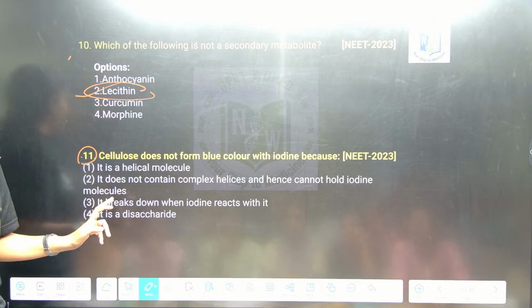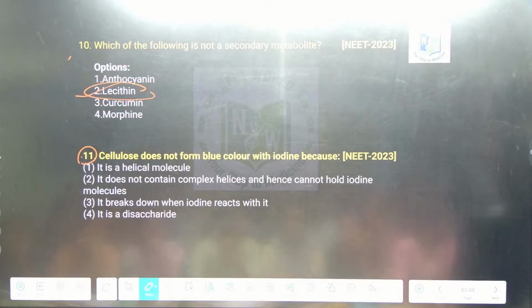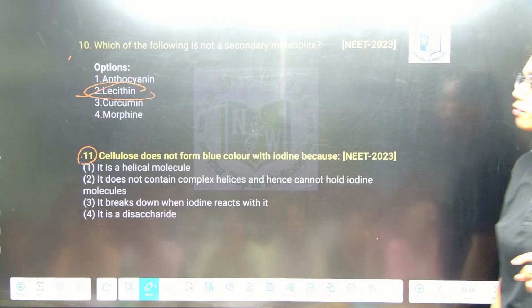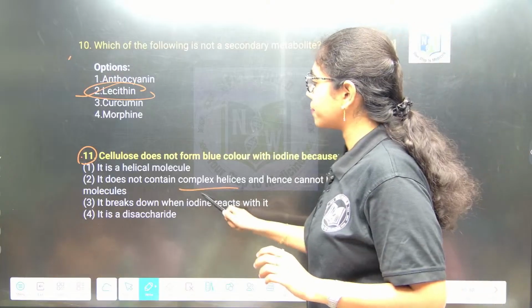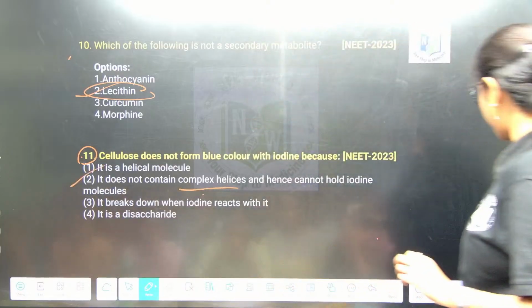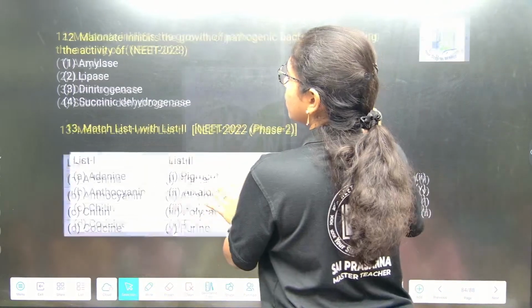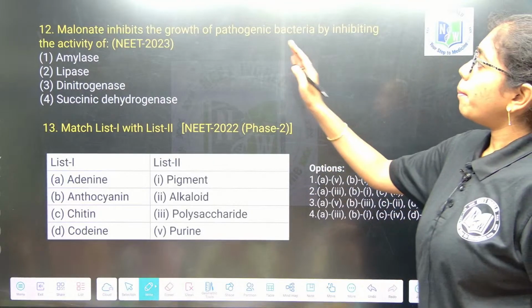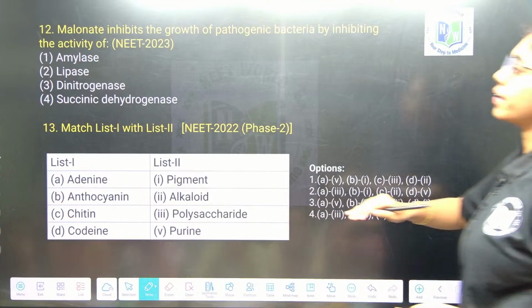11th question. Afrin, did you say? You should be louder. Raise your hand and say next time, okay? Here, this question: cellulose does not form blue color with iodine because it doesn't contain. Next question. Malonate inhibits the growth of pathogenic bacteria by inhibiting the activity of.